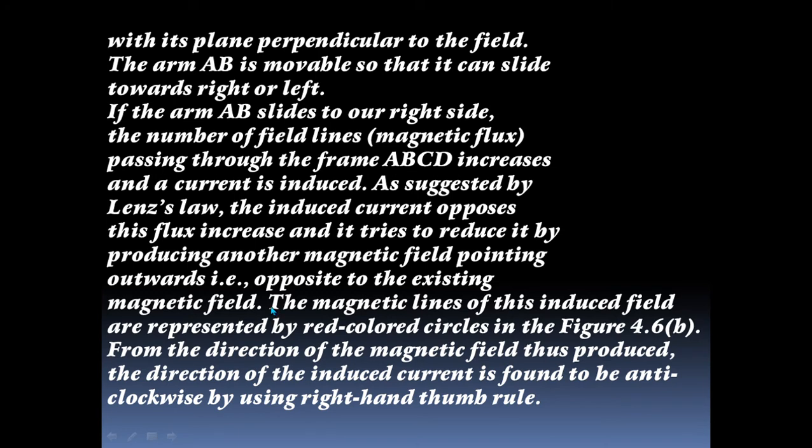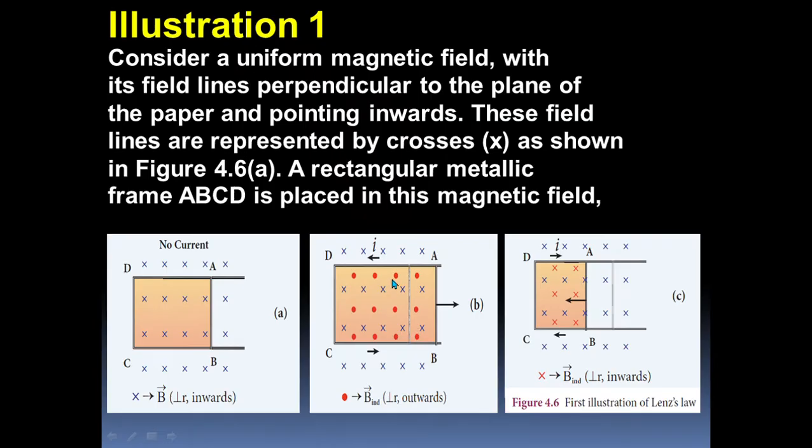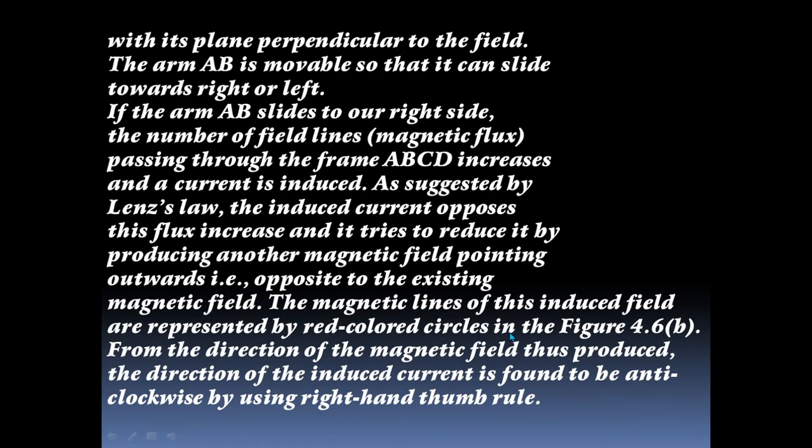The magnetic lines of this induced field are represented by the red colored circles in the figure. From the direction of the magnetic field thus produced, the direction of the induced current is found to be anti-clockwise by using the right hand thumb rule.